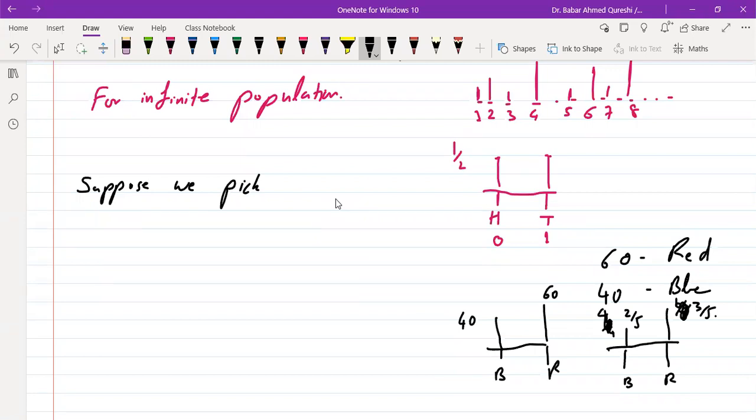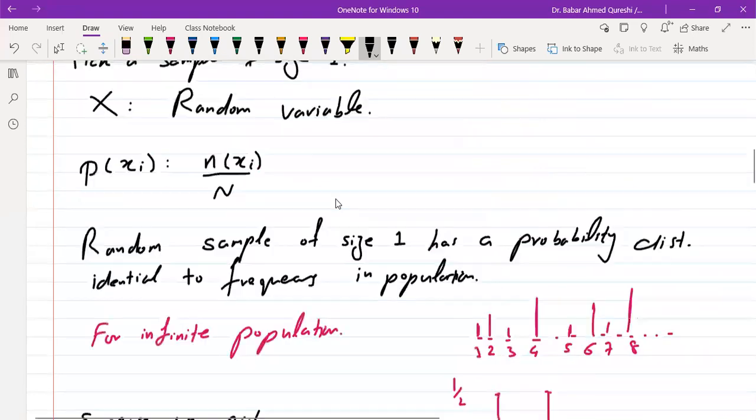Over here, just for concreteness, if infinite populations confuse you, you can keep them aside for now and just focus on the idea that you have some population, and it has some frequencies associated with different values of the variable. When you pick one, its probability is exactly what I was calling the frequencies over here.